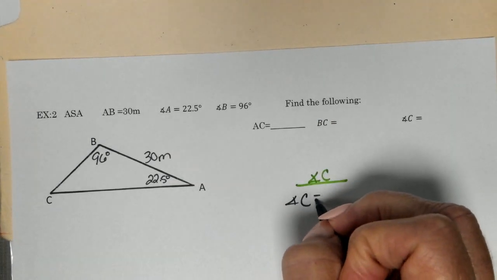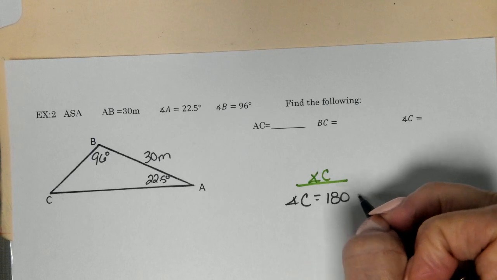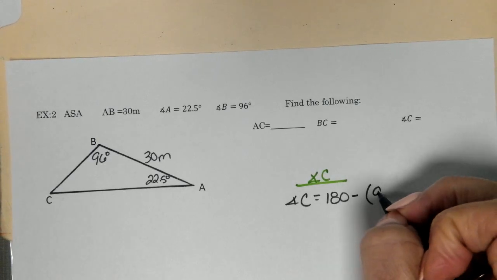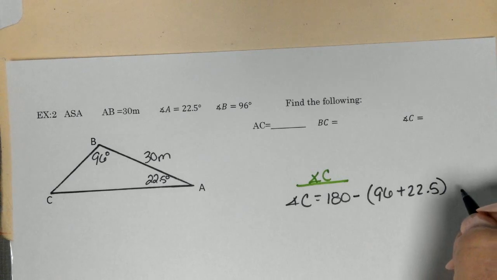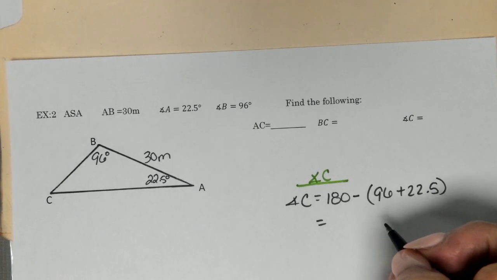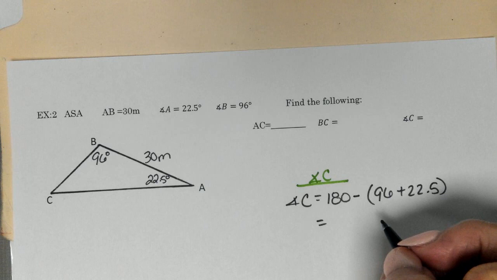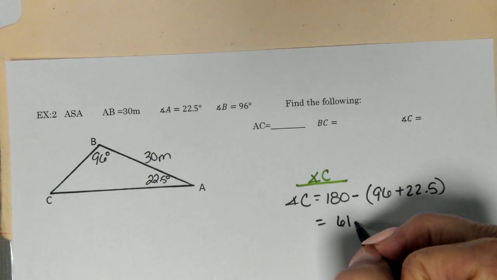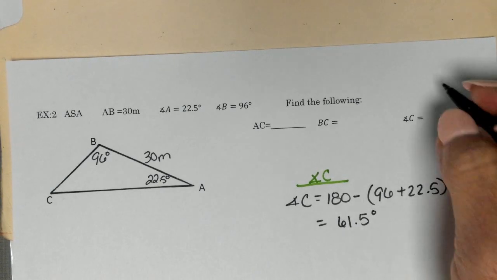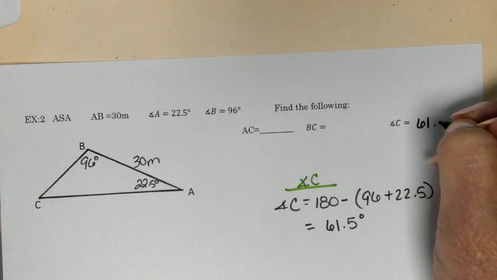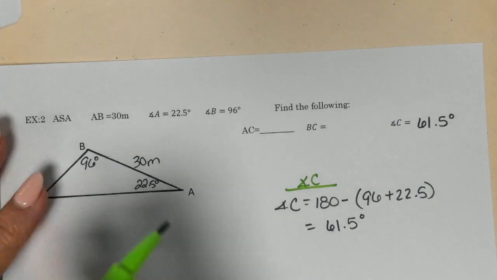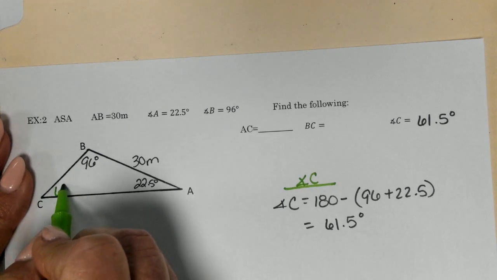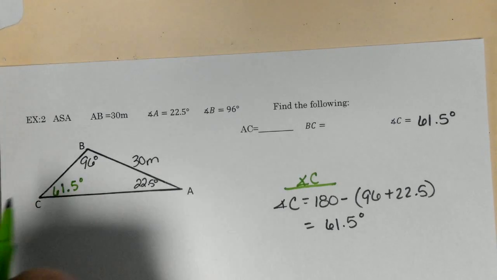Angle C is equal to 180 minus the sum of 96 and 22.5. So then we've got angle C is equal to 61.5 degrees. Yes, got that one done. Now I'm going to go ahead and put that in here, 61.5 degrees.